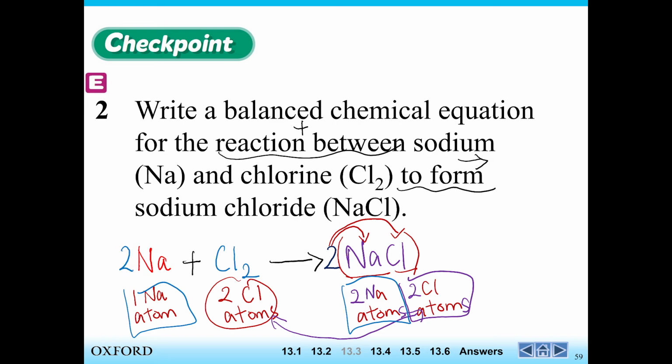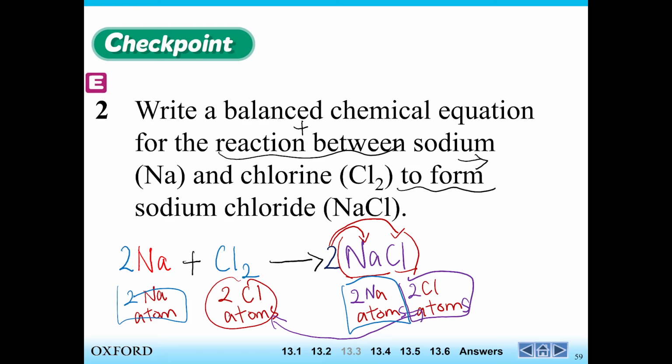So now how many sodium atoms do you have? Remember, this is 2 times the whole thing. And how many sodium atoms are here? Remember I said there's a 1 here, but we don't write it. So it's just 2 times 1, which is 2. So now you have 2 sodium atoms as well. This matches with our original left-hand side, and also matches with our right-hand side. So this is the chemical equation.